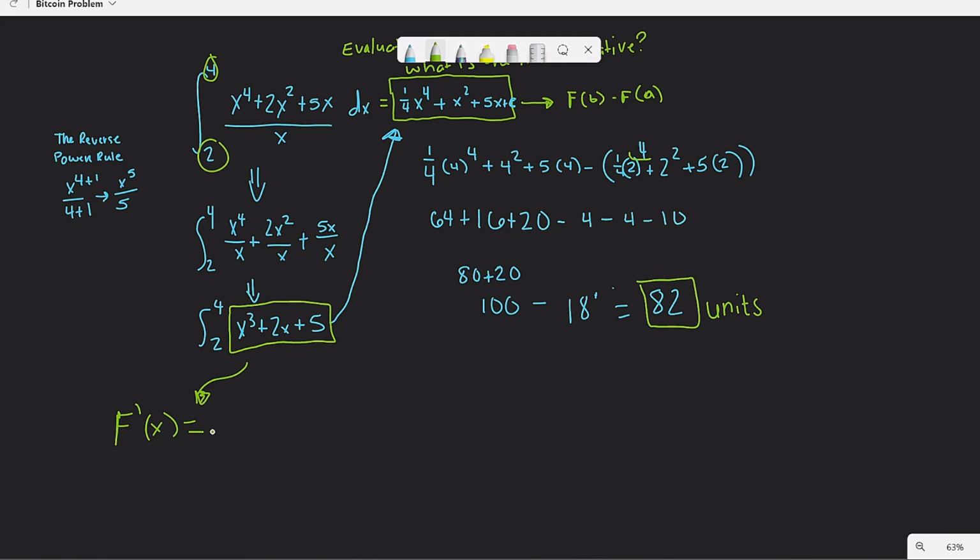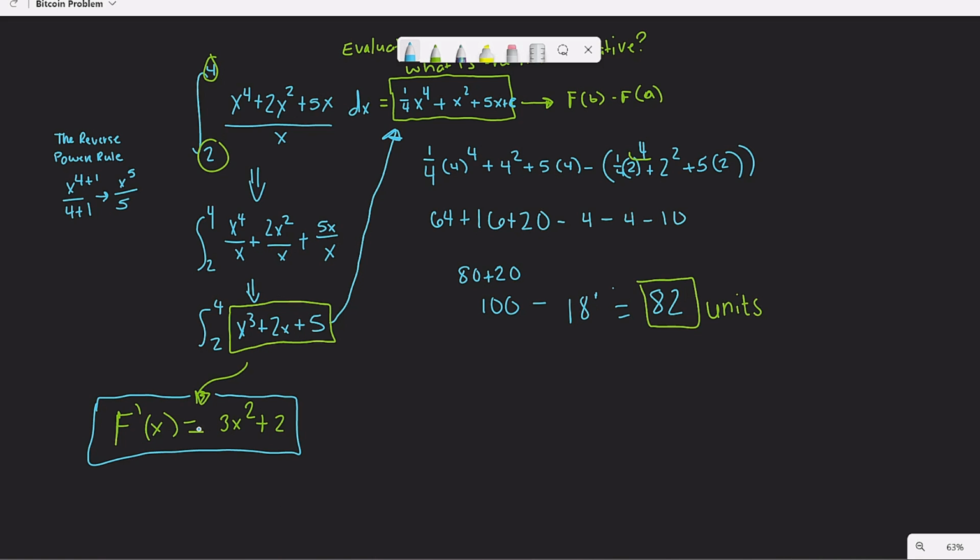So we would use the derivative properties, the power rule. This will be 3x squared plus 2, and 5 goes to 0. So this would be our derivative equation, excuse me, not formula.